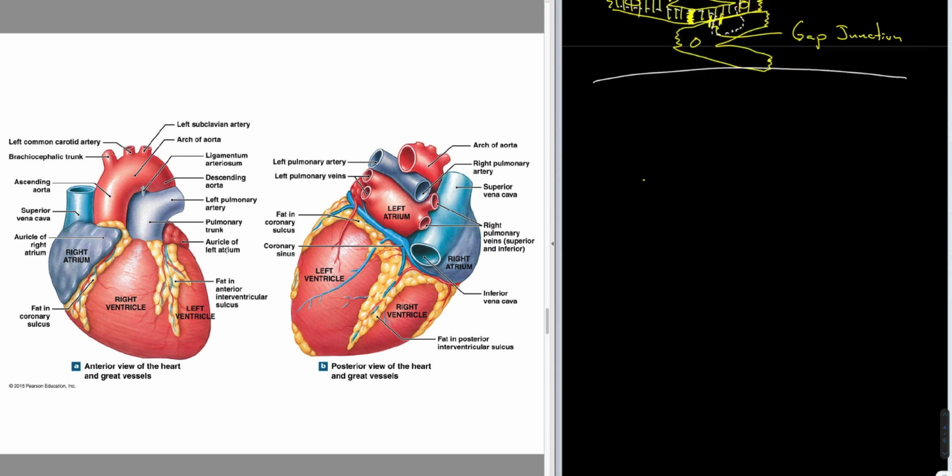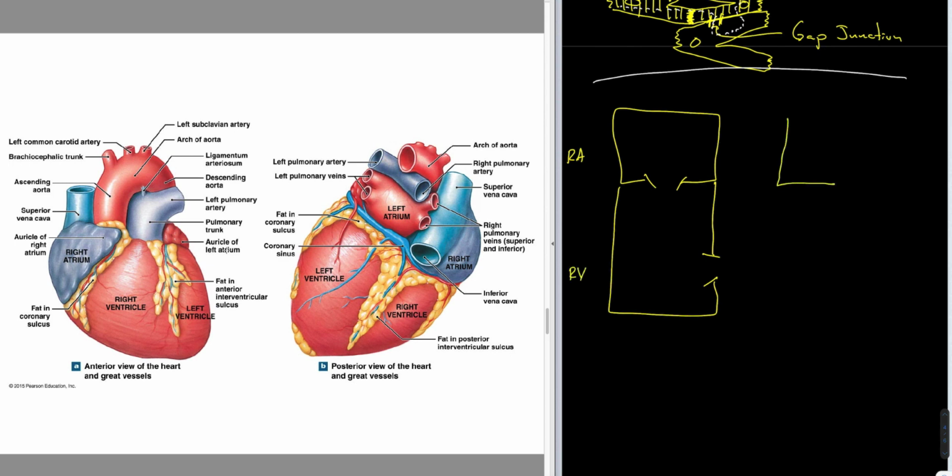We have 4 chambers. We have the atrium on the right side and the ventricle on the right side. And then we have the atrium on the left side and the ventricle on the left side.